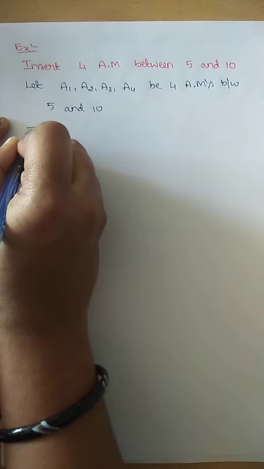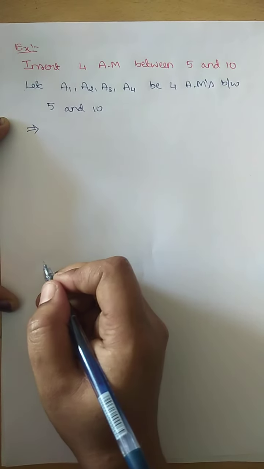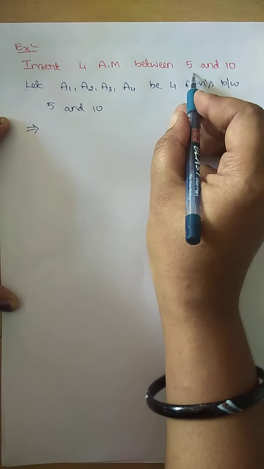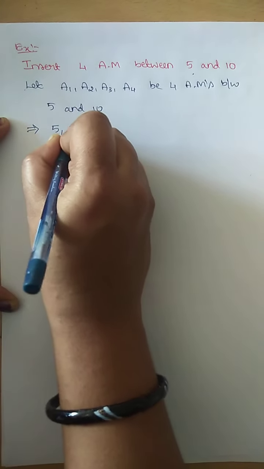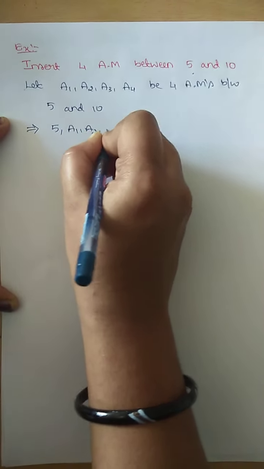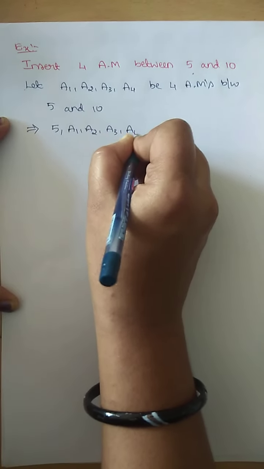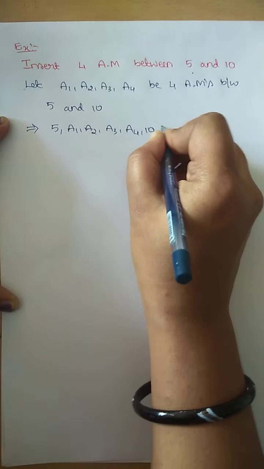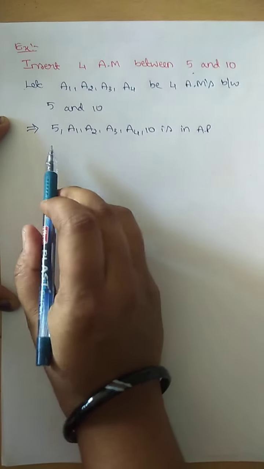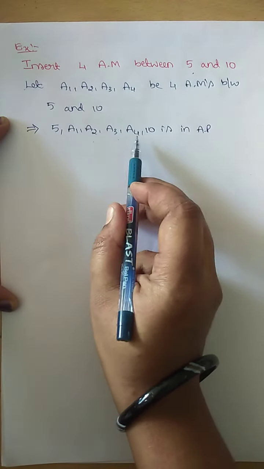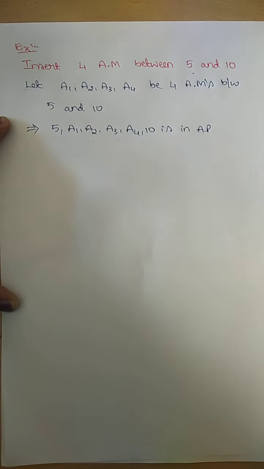Therefore the resultant sequence is 5, a1, a2, a3, a4, 10, which is in AP.